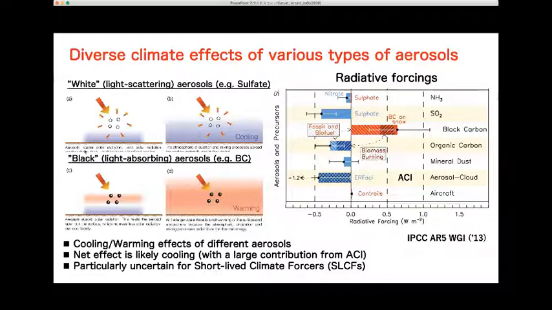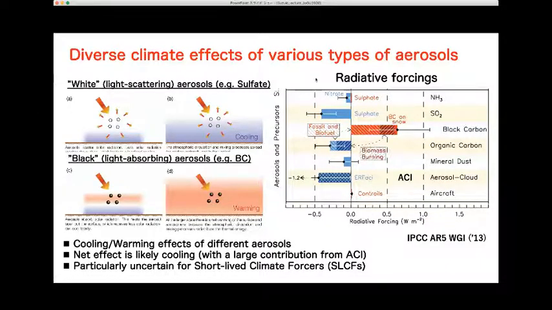On the other hand, there's another kind of aerosol, black-colored aerosols, for example black carbon, that has a warming impact on the climate. And actually, there are fundamental uncertainties in estimating how these different types of aerosols affect our climate.